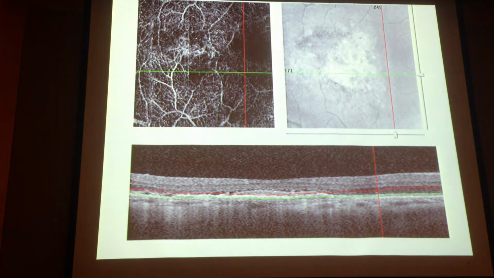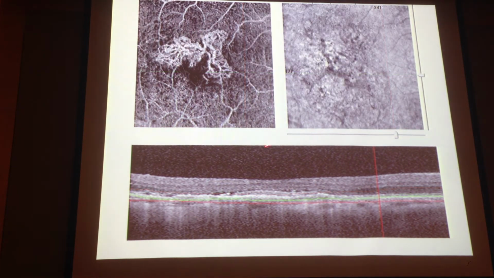And if you look at this case, you see here where we think the lesion is located. So you actually expect to see the lesion at the level of just over the RPE, but it's not visible in your angiographies. And just moving down, the whole lesion comes out.